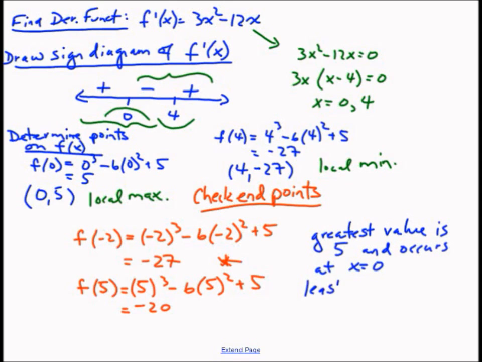The least value is negative 27 and occurs at x equals 4 and also x equals negative 2. There we have it.